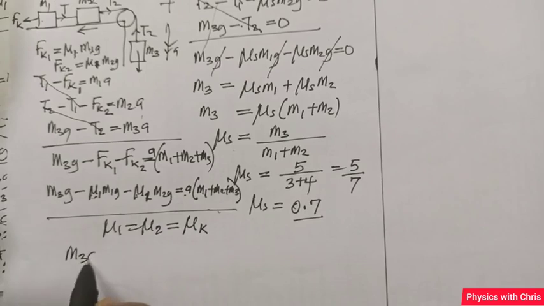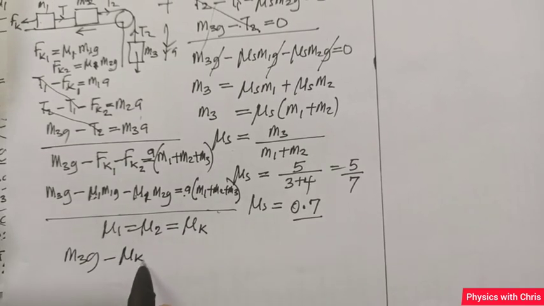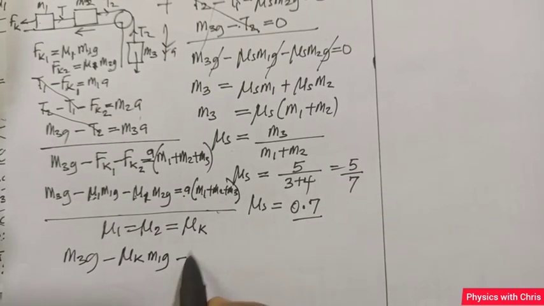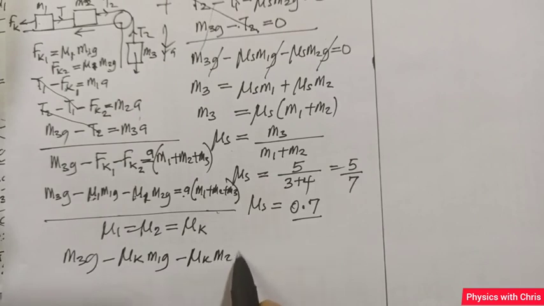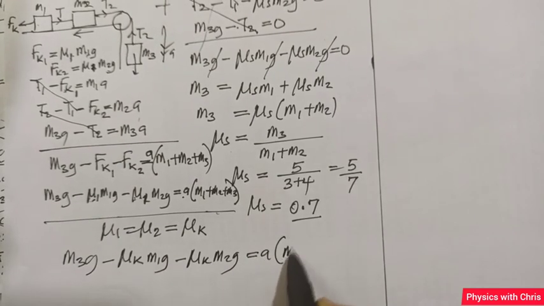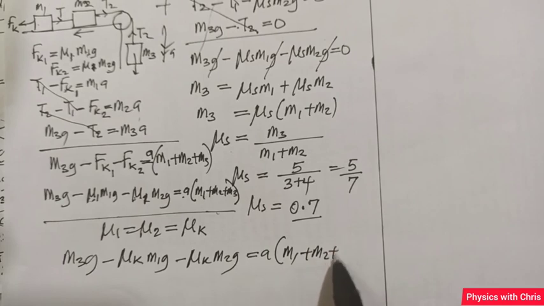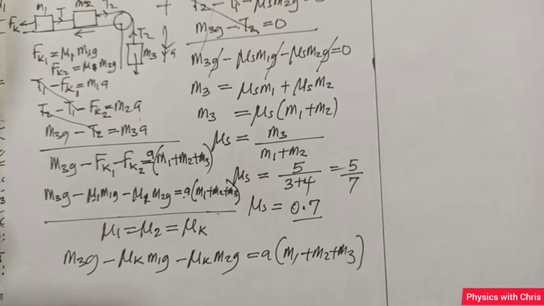So I have M3G minus mu k M1G minus mu k M2G is equal to A into M1 plus M2 plus M3.